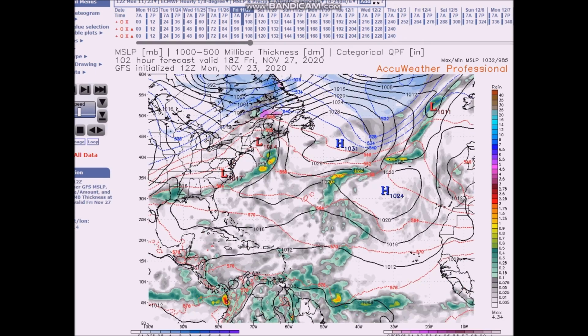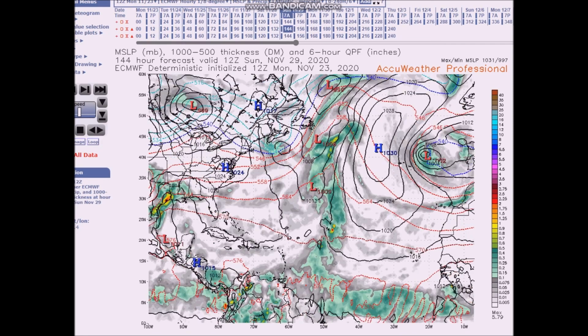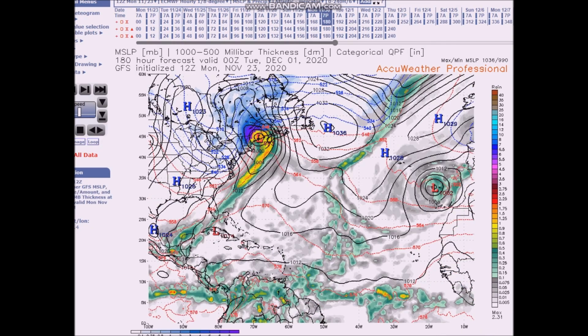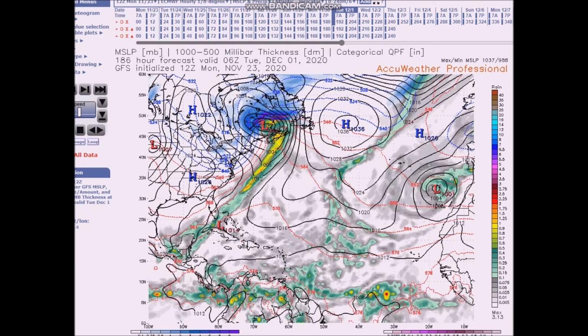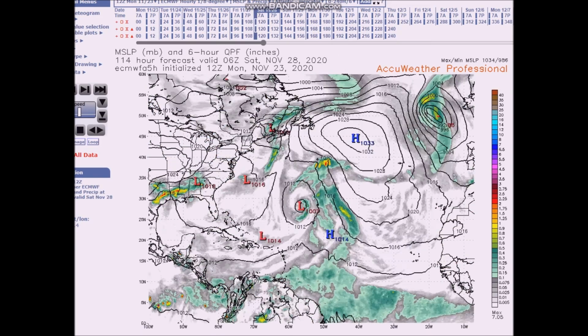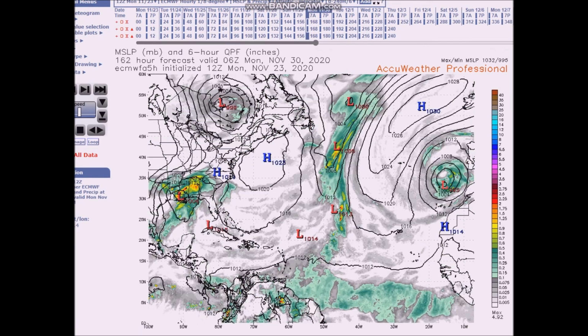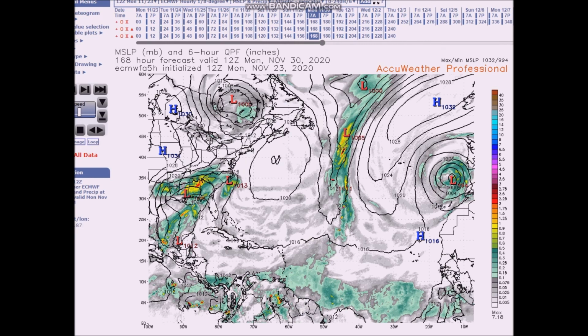And then we look at the European. It just has it dissipating over the Central Atlantic. And we look at the high resolution models. It keeps it more defined heading into the North Atlantic. So this has to be watched for an area of development over the next several days.